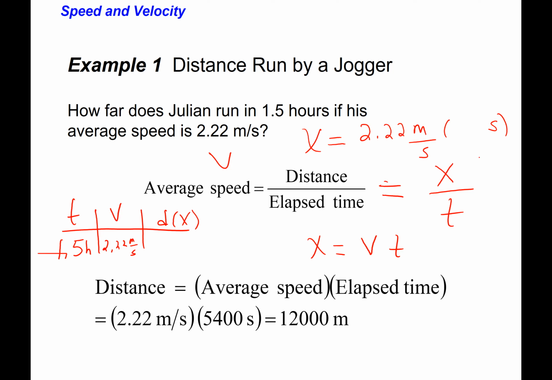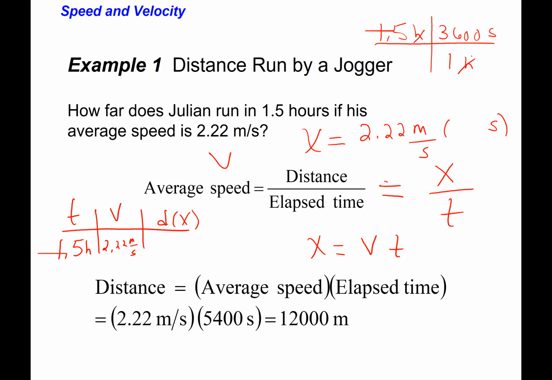So of course, we know how to convert 1.5 hours into seconds. Let me go up here. We have 1.5 hours, and we know that 1 hour is 3,600 seconds.